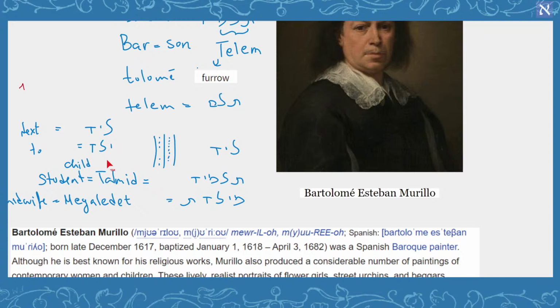Excellent. I was thinking when you were talking about Bartholomew, son of the furrow. In the New Testament, we have Simon Bar Jonah. Is this Simon, the son of Jonah?